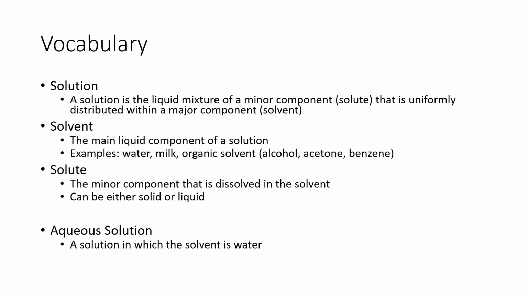And the solute, the thing that's dissolved in the solvent, can be either solid or liquid. If you think about making some salt water, you can dissolve salt, which is a solid, into the solvent, which would be water.